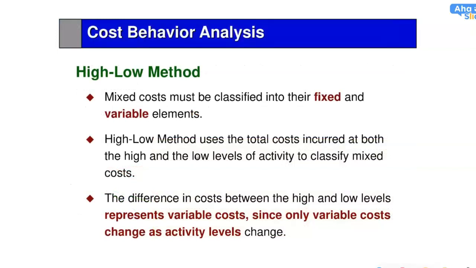So now I select two levels of activity, and basically that is the high level of activity and the low level of activity. And I look at the costs at the high, and I look at the costs at the low, and the difference between those costs is the variable portion. It's the only one that's changing.